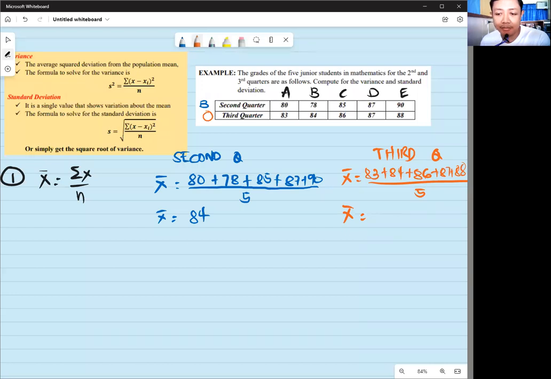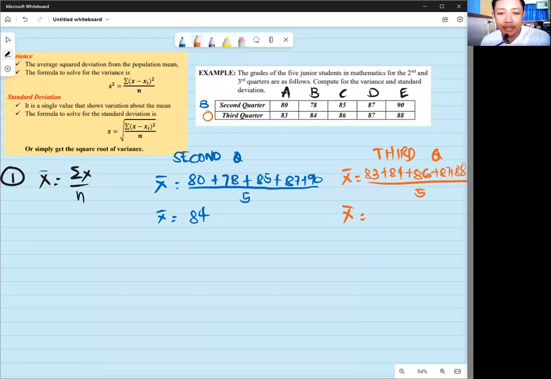Remember, this is the first step in solving for the variance and for the standard deviation. Answers, please. I'm waiting for your answers. Very good. Your classmates are now sending their answers. Okay, I need more answers from the group. Very good.